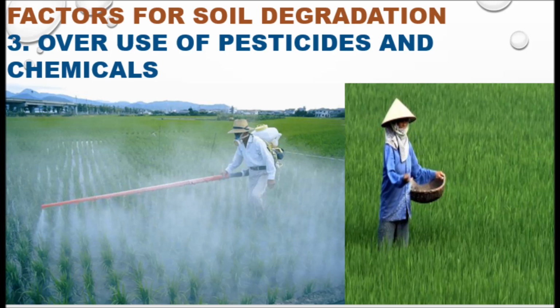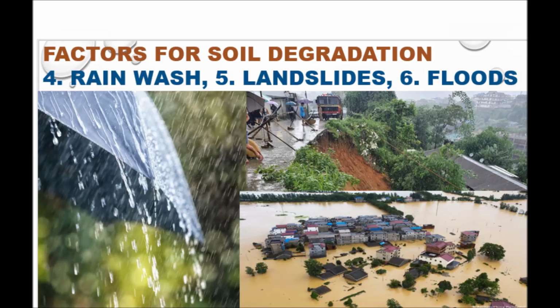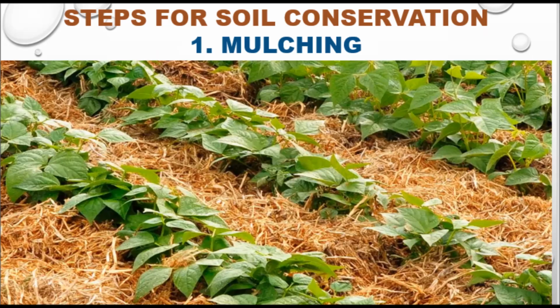Rainwash, landslides, and floods also move the top layer of fertile soil, which is also one of the major reasons for the decrease in the fertility of soil. There are certain methods which can be followed for soil conservation. These are: number 1, mulching.